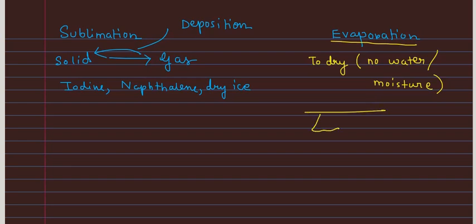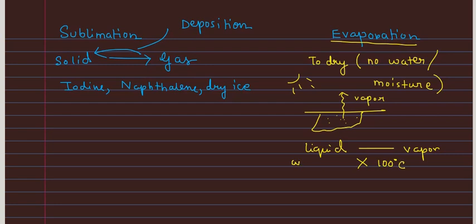The reason is the water which was present in the clothes. If you have clothes kept out in the open air, there are water molecules, and due to the heat of the sun, these water molecules convert to vapor. That is, they convert from liquid to gaseous state. But this conversion from liquid state of water to vapor state of water is not taking place at 100 degrees Celsius.